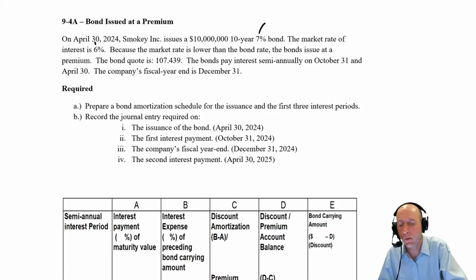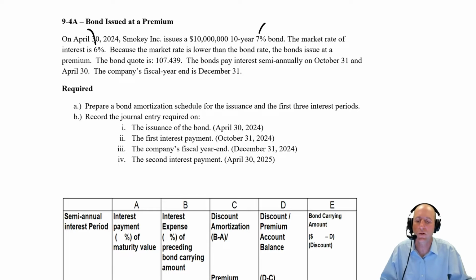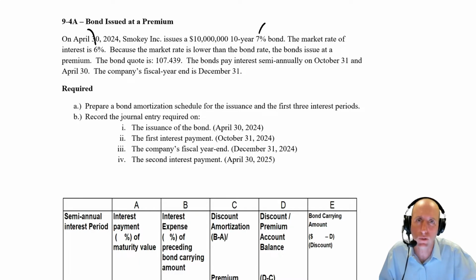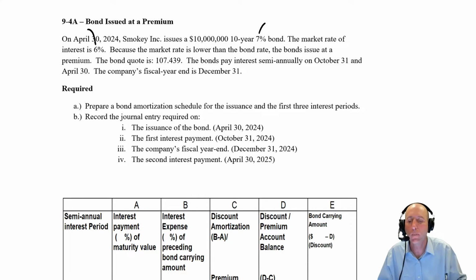So similar companies to us are offering 6% in the market. Our risk profile kind of warrants 6%. We're offering 7%, so people are going to really love our bond, and they're going to want to pay, and in fact overpay for our bond. They're going to pay more than face value. Our bond is going to issue at a premium. Because the market rate is lower than the bond rate, the bonds issue at a premium.